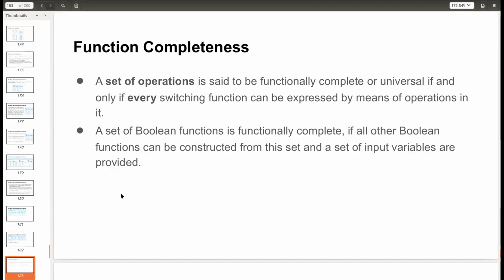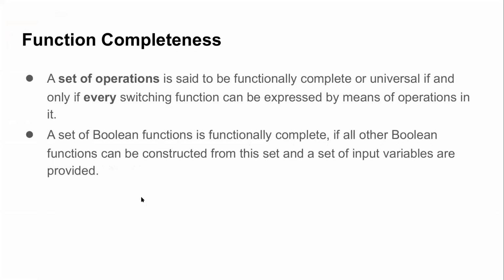What we are going to discuss today is something called function completeness. Let us first understand what I mean when I say there is function completeness. If I have a set of operations, currently I'm talking about Boolean algebra, so suppose it's Boolean sum, Boolean product, and complement.